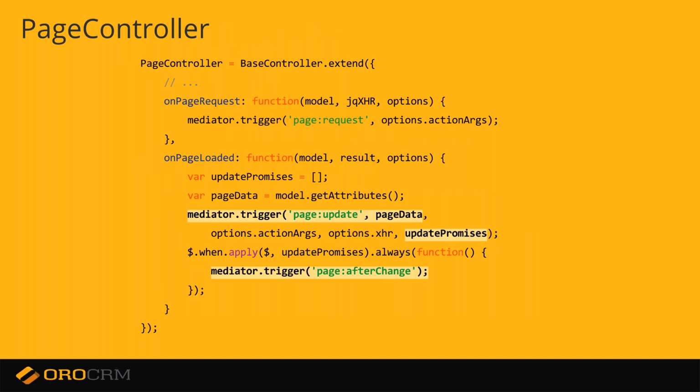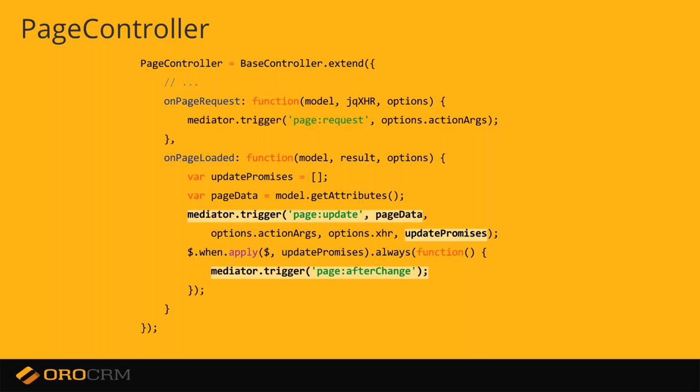On page load method will trigger page update event globally to notify everyone page data is loaded and can be consumed by global views to update the page. The update promises variable with the empty array is passed as a last argument of the event.